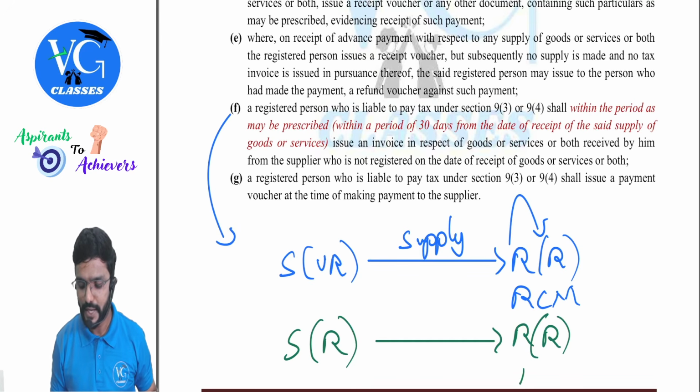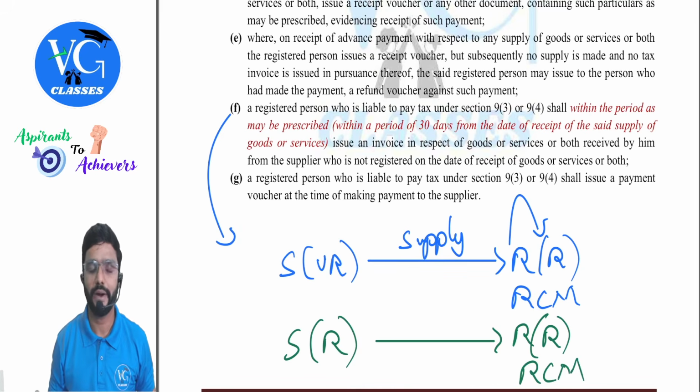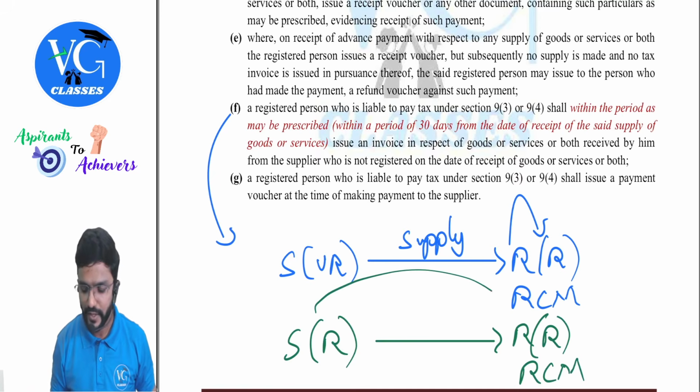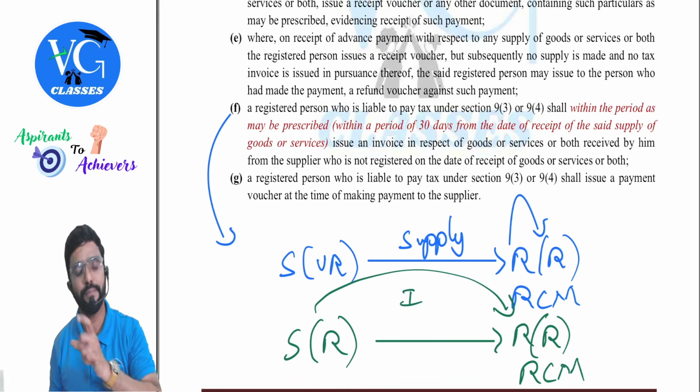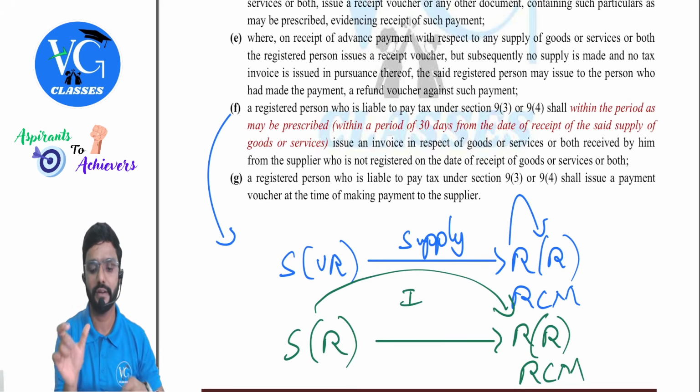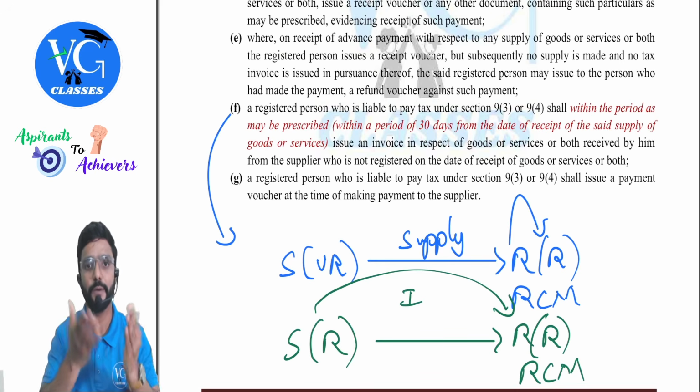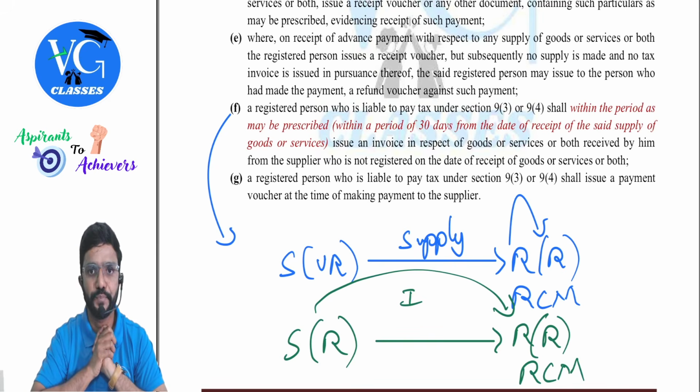Recipient is also registered, RCM is applicable. In that case, is self-invoicing required? No. Self-invoicing is not required. Who will issue invoice, sir? Supplier will issue invoice to recipient, but he will ask recipient to pay tax. He would have mentioned there, on this supply, RCM is applicable. Sir, recipient, sir, you please pay the tax.